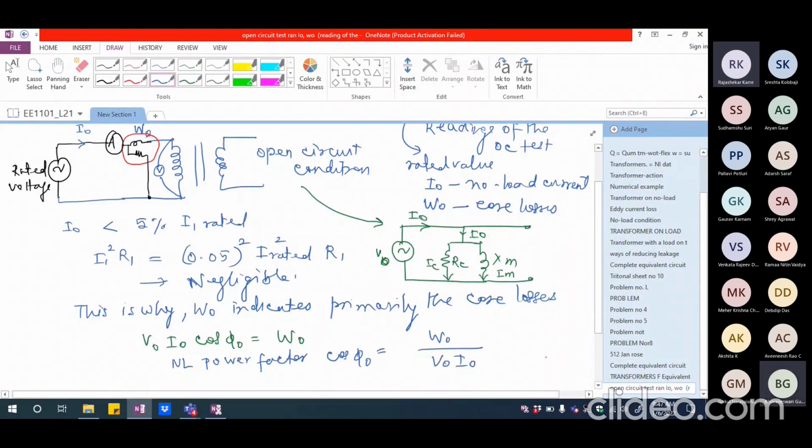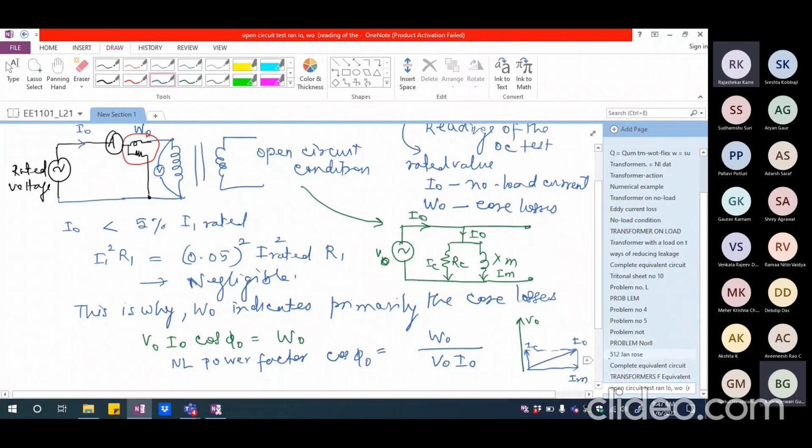Now when we drew the phasor diagram, if you may recall, we said that if this is V naught, along with V naught in phase with that, we had IC. And we had the other component of current as IM, the magnetizing current. And when we added these two, we got I naught.